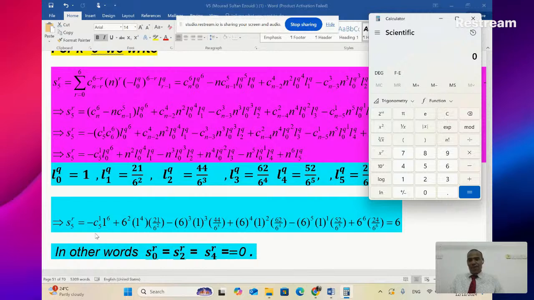So I will use my calculator. Okay, we have negative 5 plus 21 minus 44 plus 62 minus 52 plus 24.